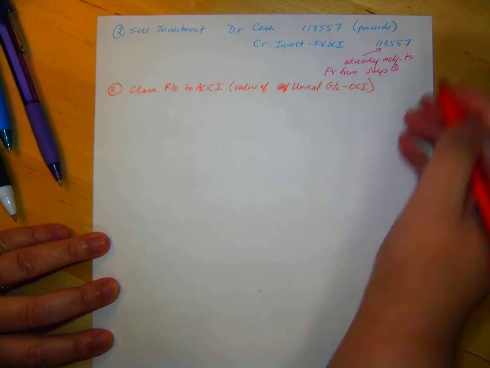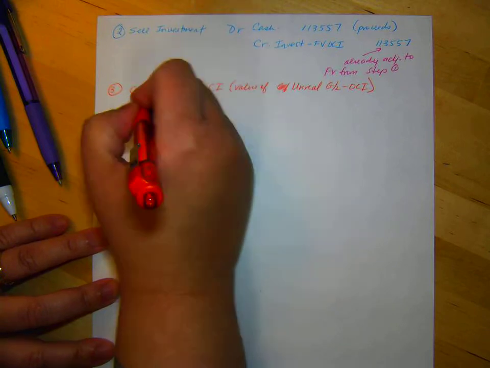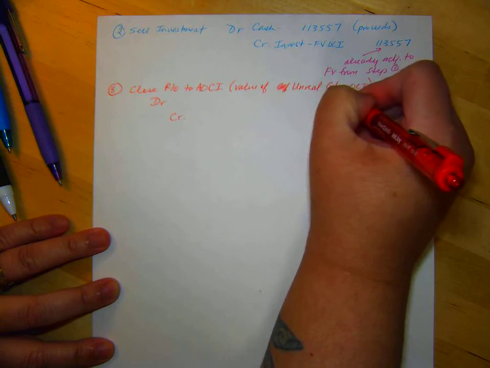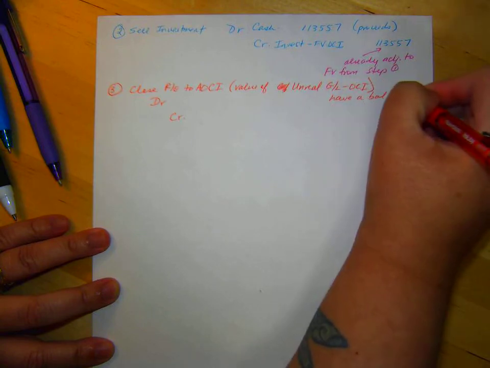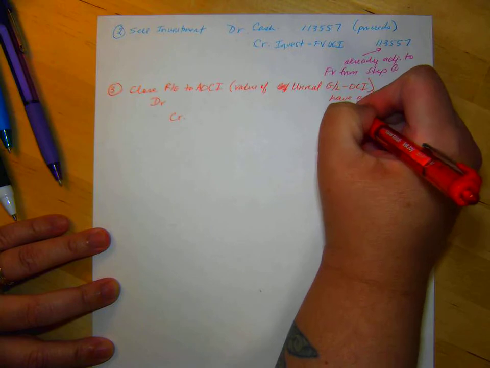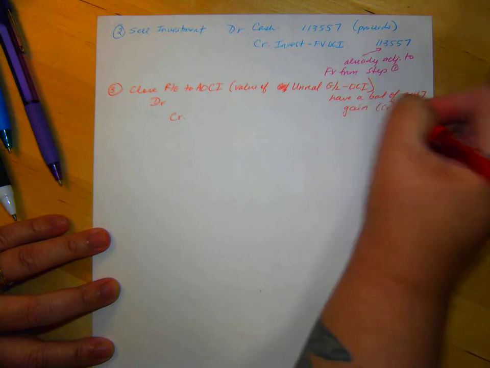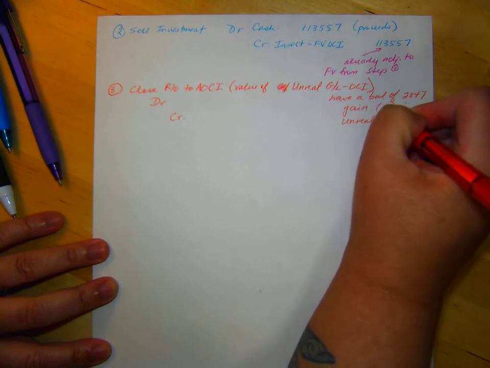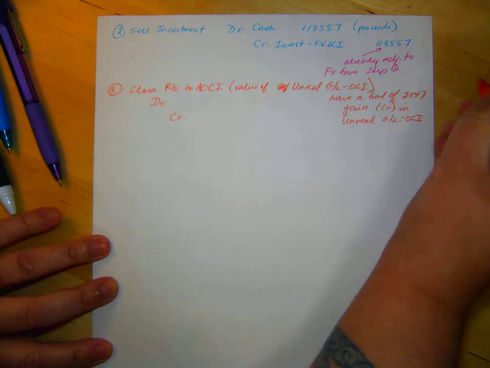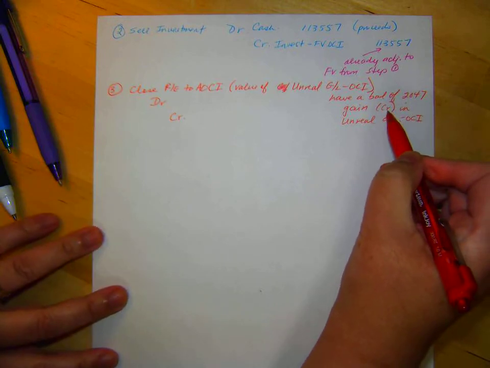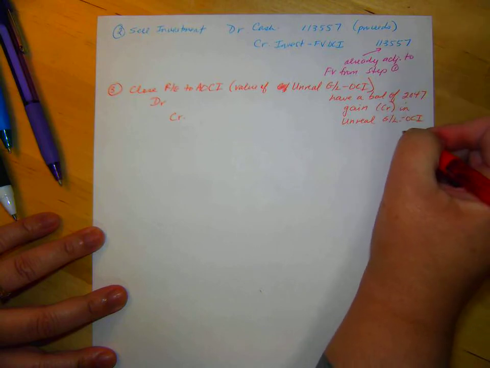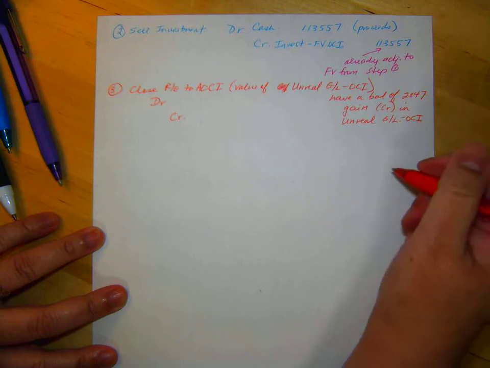Well, we just have 2047. So, we have a balance of 2047 gain, which is a credit, in unrealized gains and losses. So if it's a credit here, it'll get closed to retained earnings as a credit, and then that'll close to AOCI as a credit.